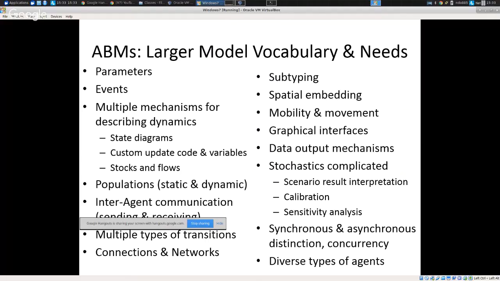By and large, stocks and flows are used for continuous quantities, particularly where there's feedback. So they're exquisite for that. State charts are used for transitions, particularly triggered by outside events and triggered by certain rates determined by model state, going between certain categorical states. Interagent communication will be a key thing within our models.